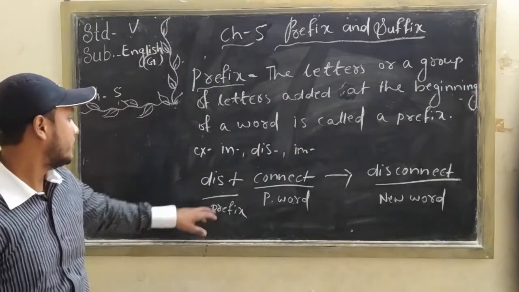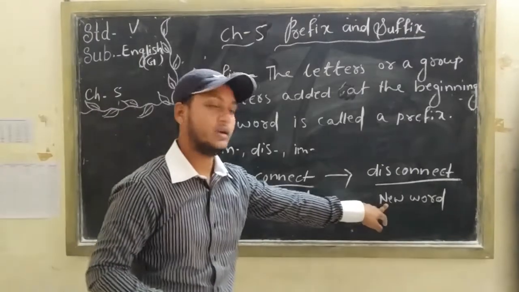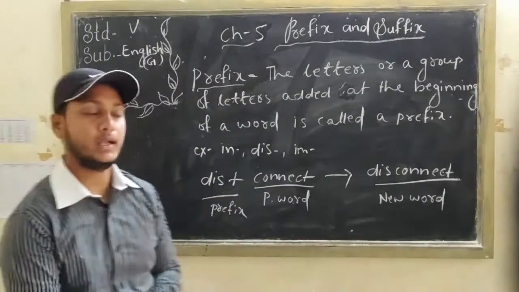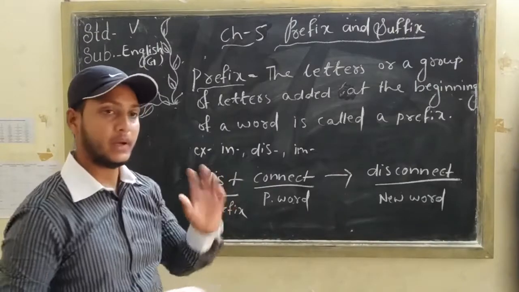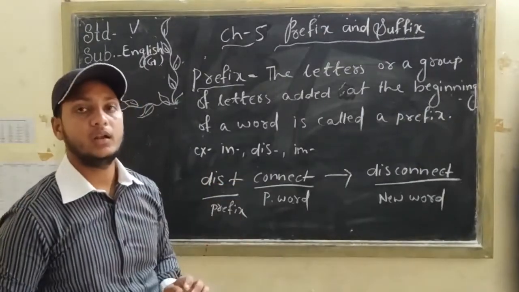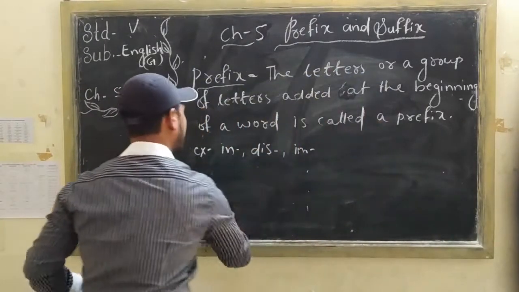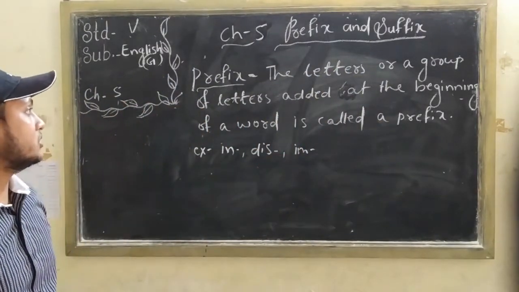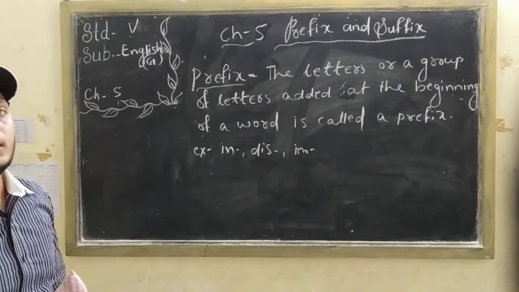So in this way we can add a prefix or suffix to the primary word to make a new word. So, did you get it? The letters or a group of letters added at the beginning of a word is called a prefix.